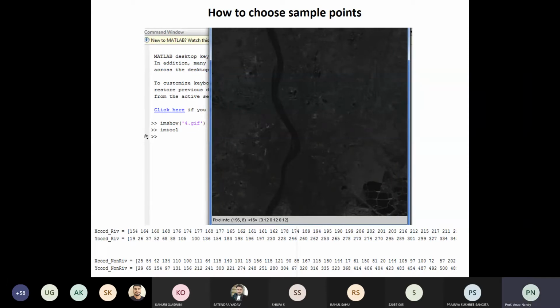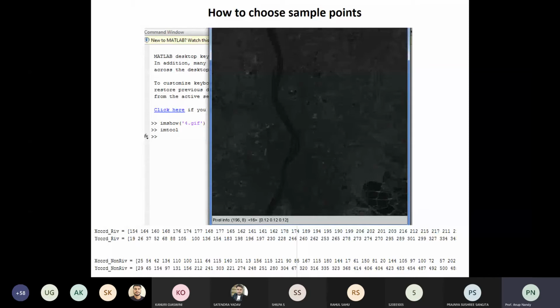Okay, because if you take it as a matrix, this is a square matrix. Is that clear? Similarly, for the non-river region also, if you take the 25, 29, this is a pixel coordinate position.